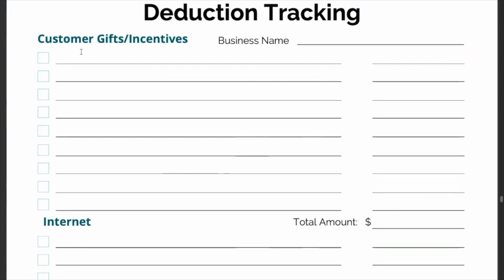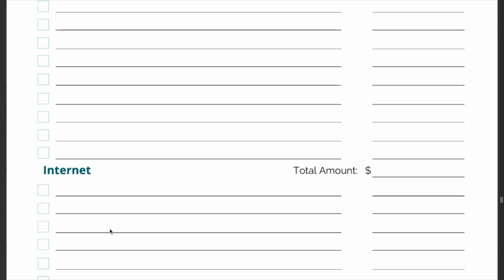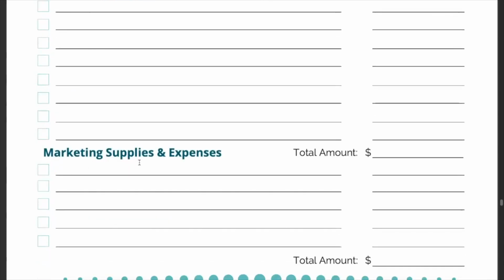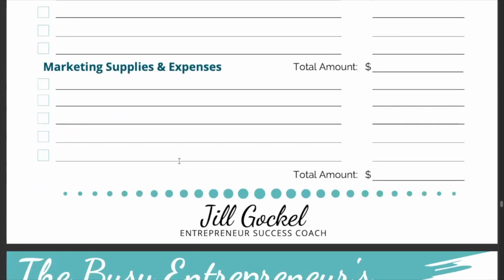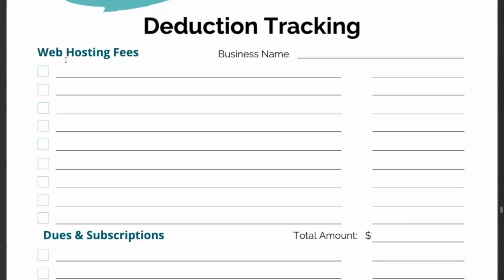There's also things like customer gifts and incentives that you can take as a deduction on your taxes. You want to watch your internet fees, marketing supplies and expenses, web hosting fees. So you can include the web hosting fees in your advertising, or you can pull that out separately.